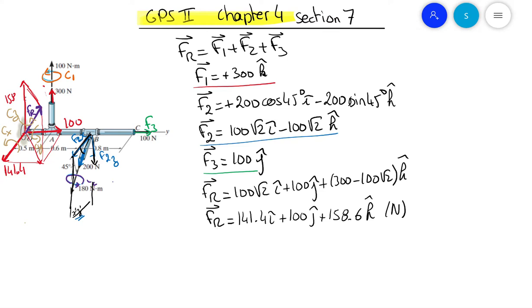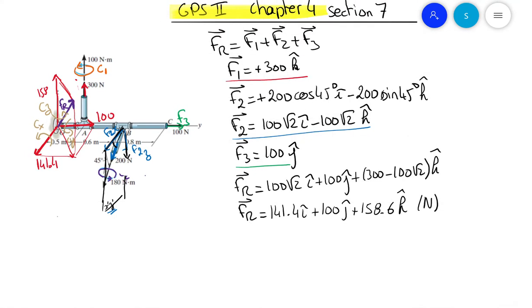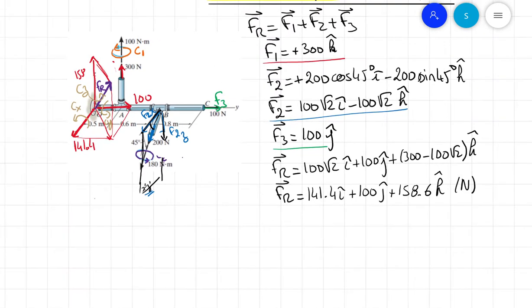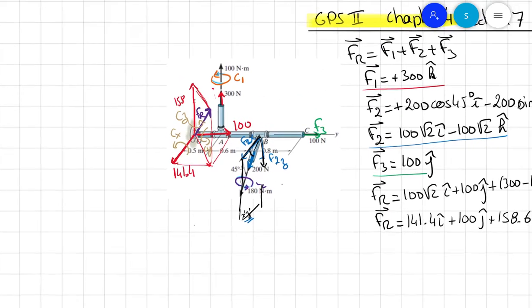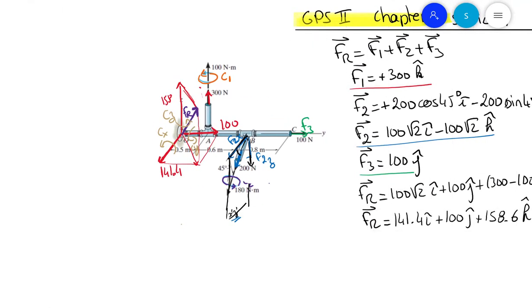We will use our equations. The moment created by the couple C, plus the moment of Fr about the point O, but Fr is at O, so it will be 0.